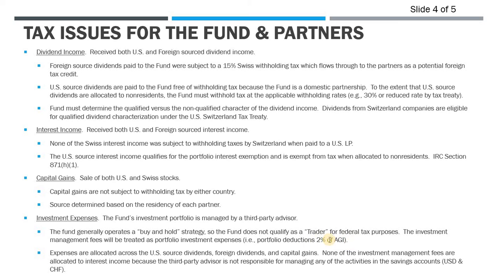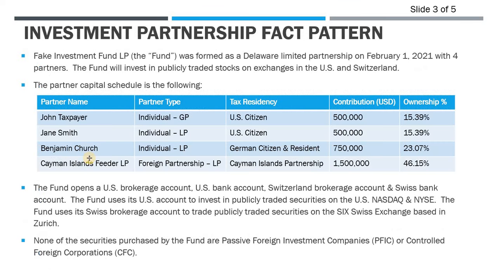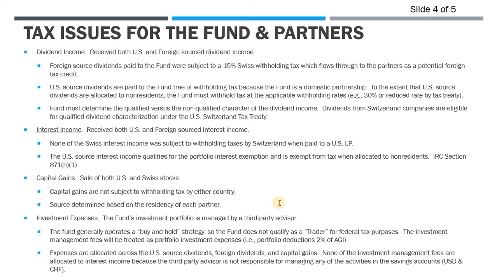Some states still allow you to deduct these expenses. And other foreign jurisdictions might allow it too. So, we have Ben Church here being allocated income. Maybe in Germany, he's allowed to deduct those 2% fees. So we don't want to completely ignore them. We want to still report them. And then in the hands of Ben or this Cayman feeder, whenever it flows through to their owners, maybe they can do something with it.